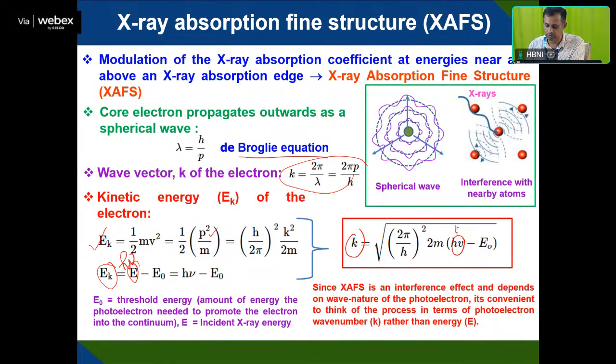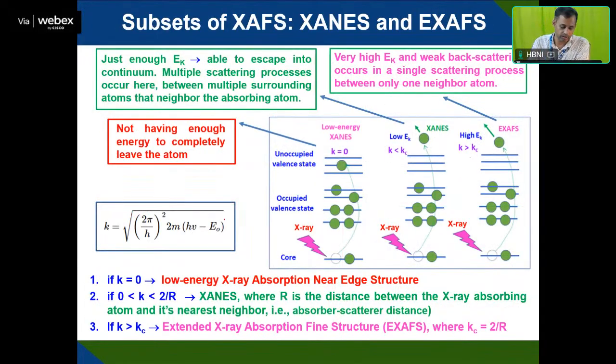This h nu is nothing but E, the X-ray photon energy you are applying, and all those other parameters are constant. So k varies only with respect to E minus E0, that is h nu minus E0. This is the only variable term in X-ray fine structure.